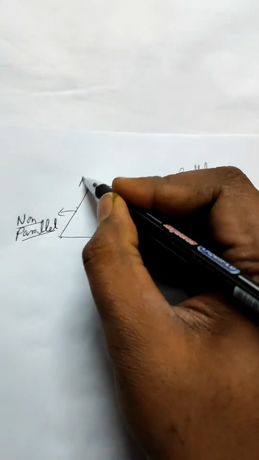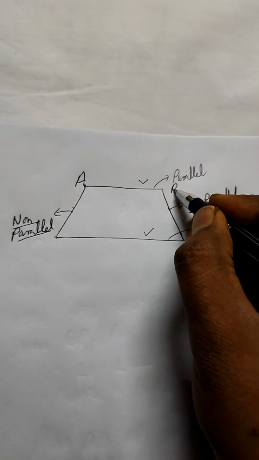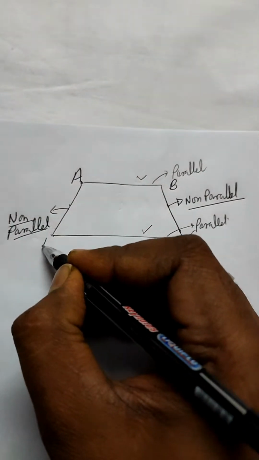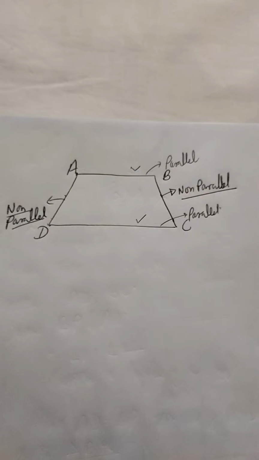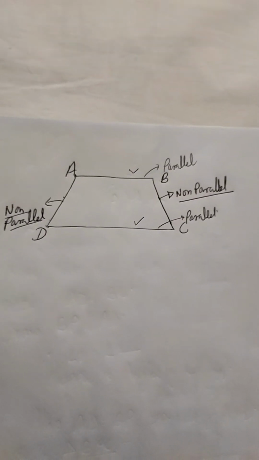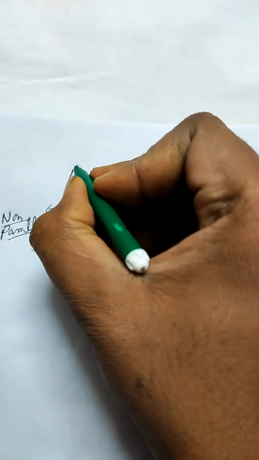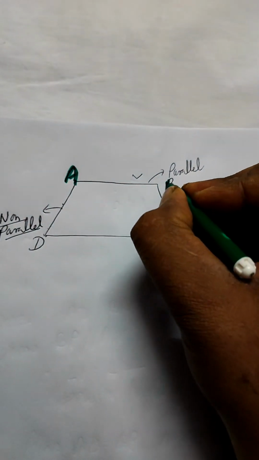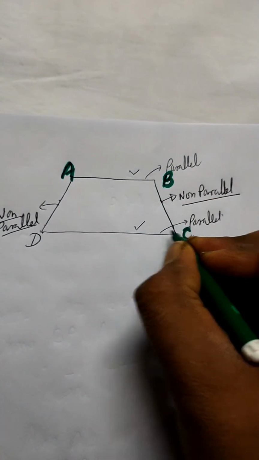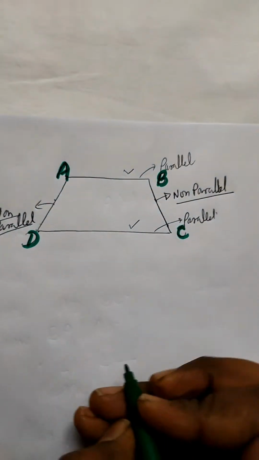So let us name this trapezium as A, B, C and D. Now, if you are marking this trapezium as ABCD, then we can say that AB and CD are parallel to each other.